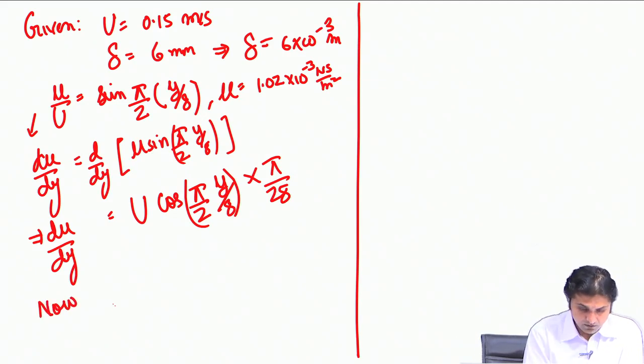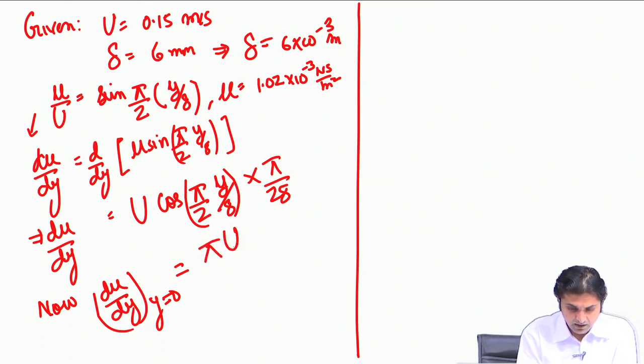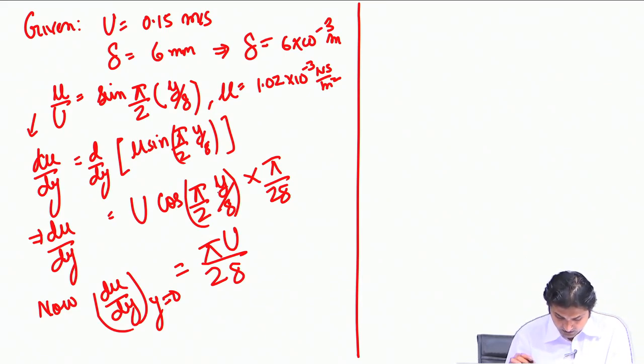So, now du by dy at y is equal to 0 will be, we substitute y is equal to 0 here. So, this becomes pi capital U by 2 delta. If we put y is equal to 0, this cos term is going to be 1. Okay.